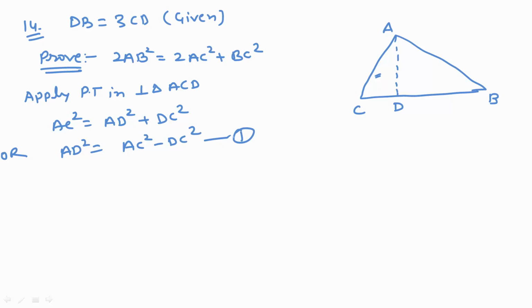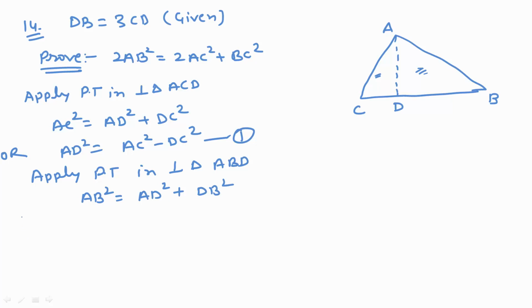Again apply Pythagoras theorem in right triangle ABD. AB square is equal to AD square plus DB square, or AD square is equal to AB square minus DB square.